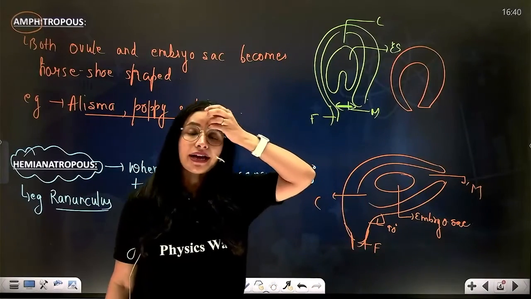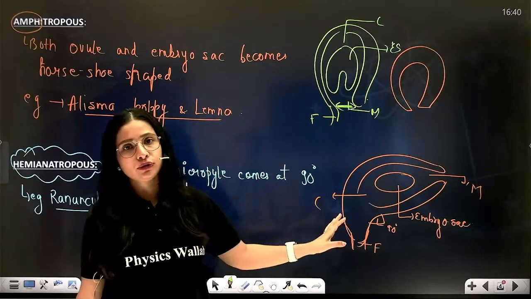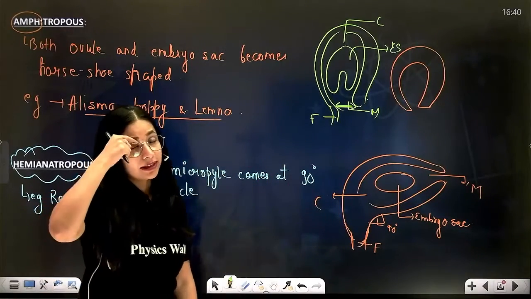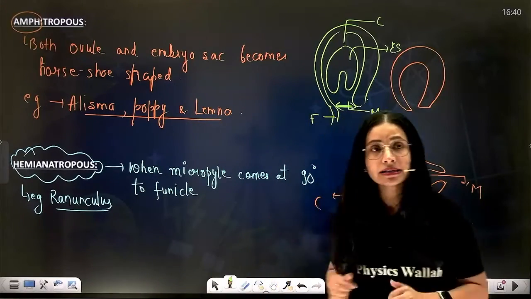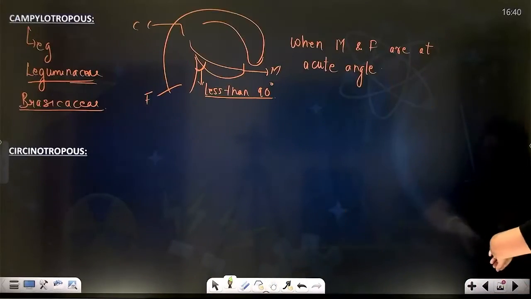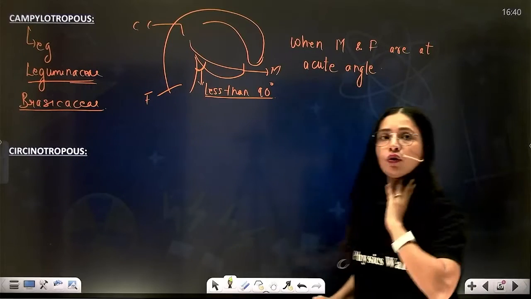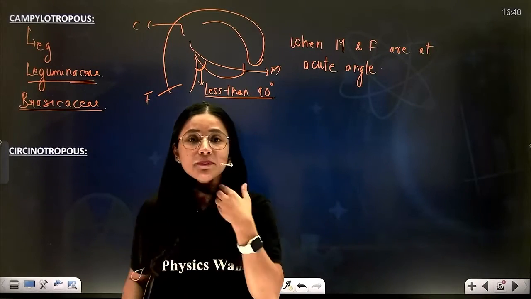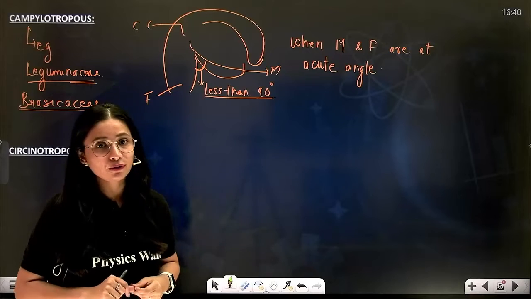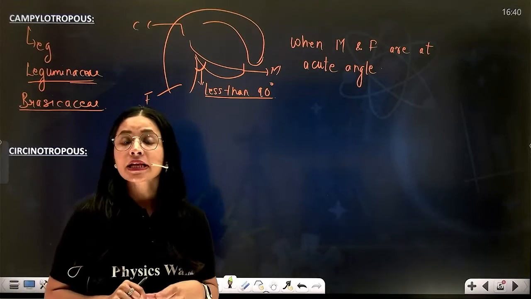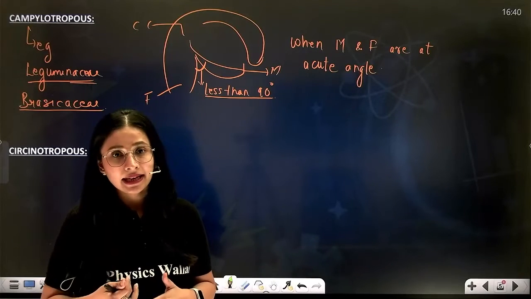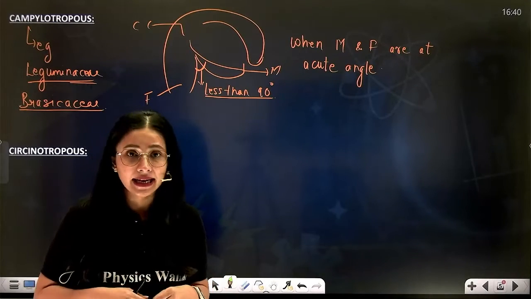So it is known as amphitropous ovule. Correct? Now, the most common you have done, most primitive you have done. Now, the last type of ovule is circinotropous ovule. This is the most advanced ovule seen in advanced families of angiosperm like Cactaceae, in Opuntia, Plumbaginaceae.